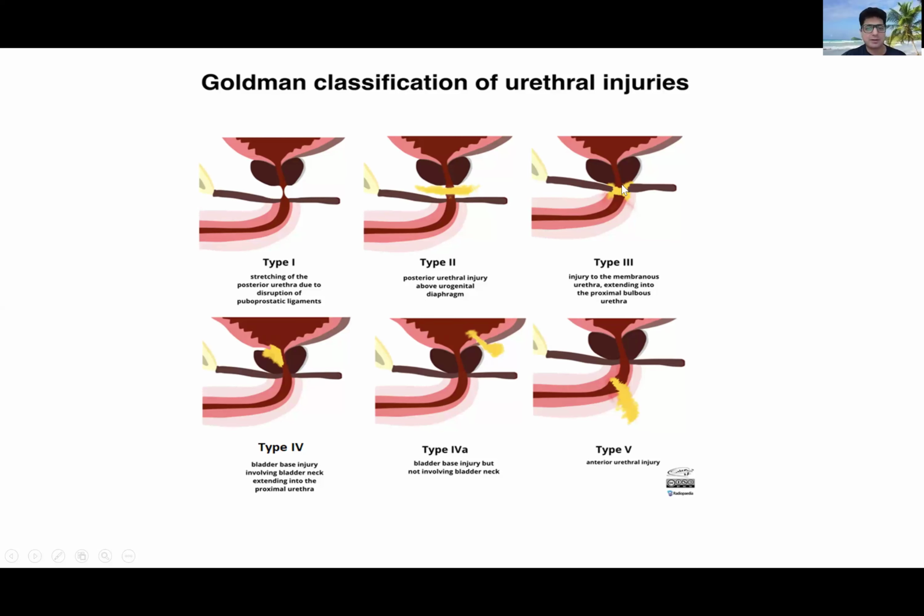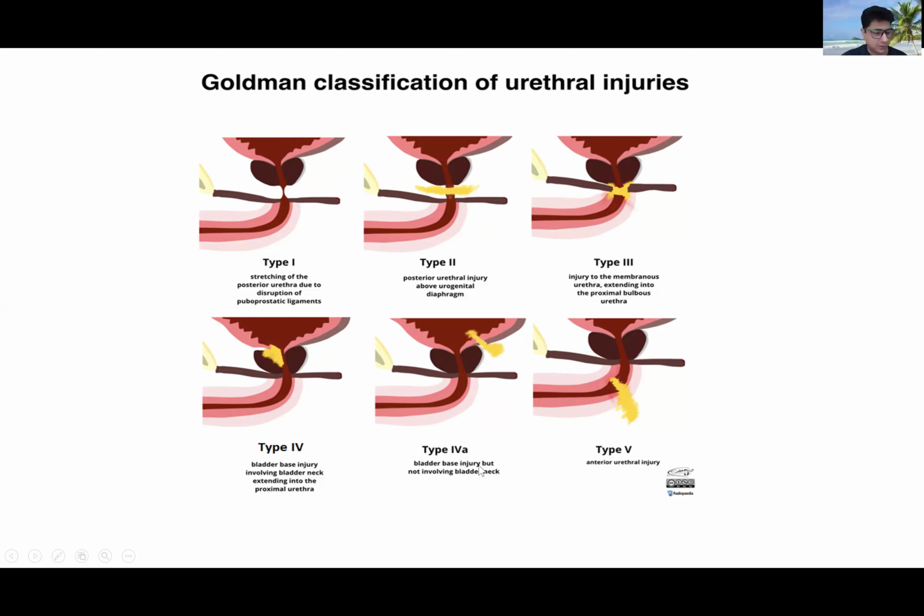The fact that there is contrast above and below means that the diaphragm is damaged. Number 4 is the prostatic urethra at the base of the bladder. Number 4A, surprise, surprise, does not involve the urethra at all. It involves the bladder, sparing the base. So it's not even a urethral injury, it's a bladder injury.